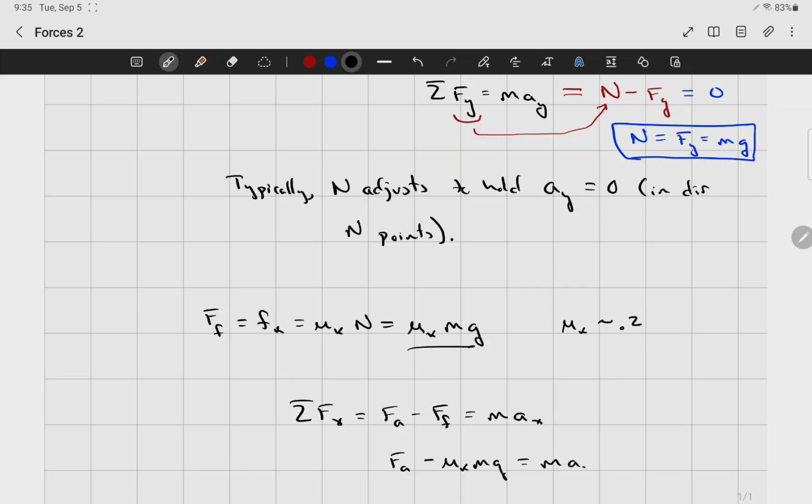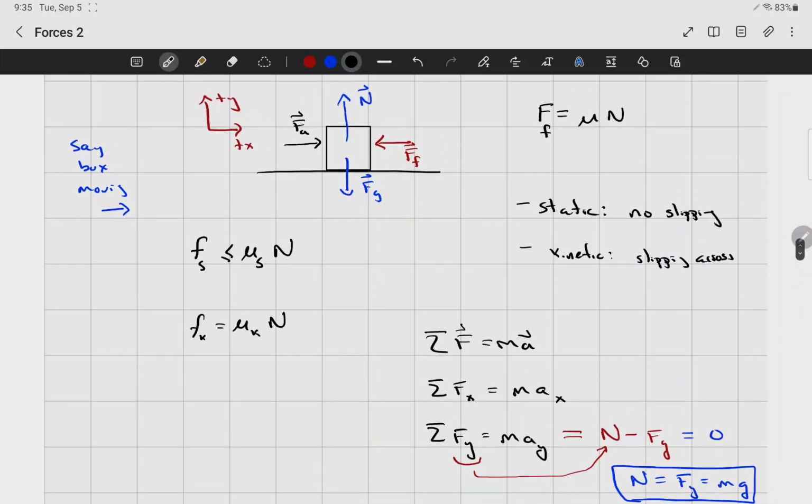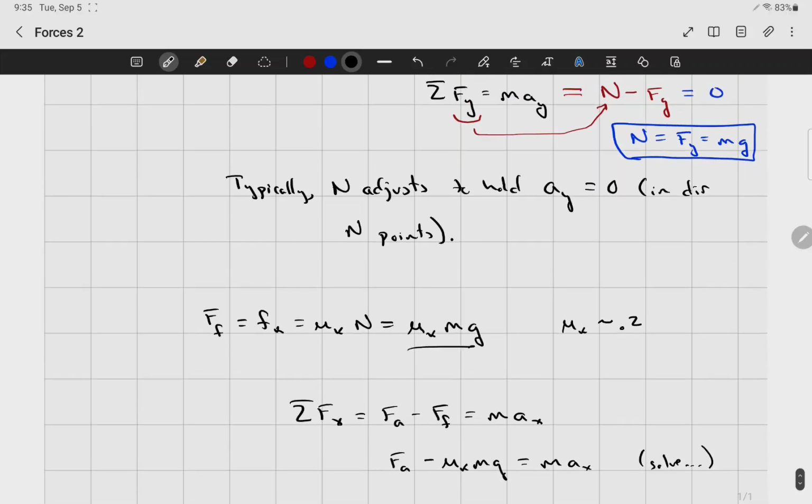That would be equal to the mass times the acceleration in the x direction, and then I could solve for whatever it is that I wanted to solve for. And so this is the sometimes typical case in which the normal force is equal to the weight. But the normal force, it's important to recognize, is frequently not going to be equal to the weight.